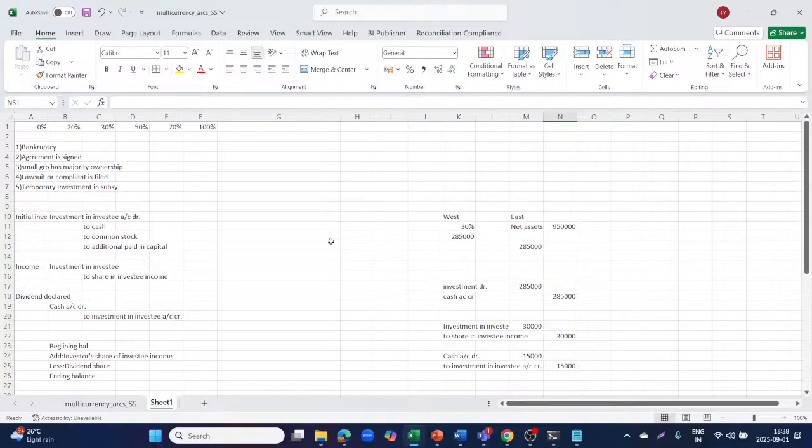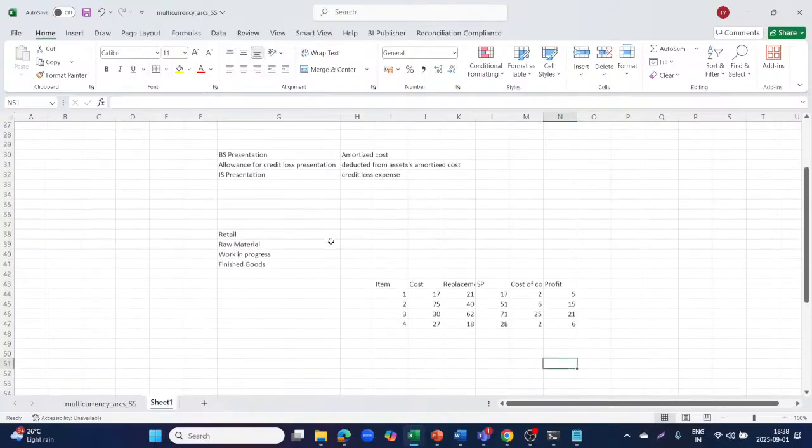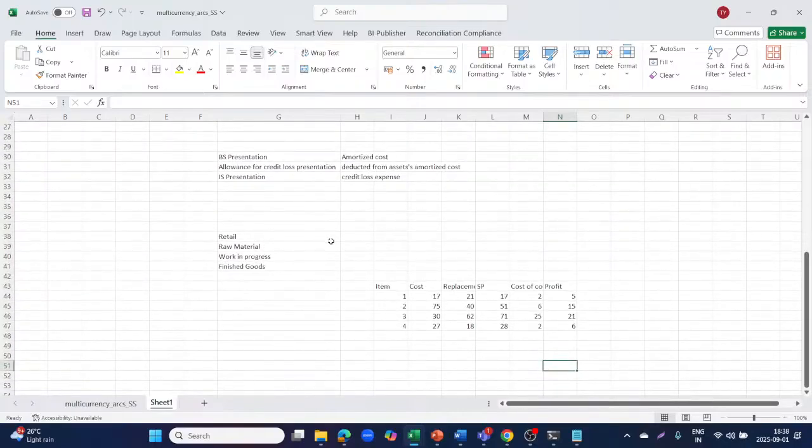Suppose cost is 17, selling price is 17, then cost of completion is 2. So your profit will be selling price minus your cost of completion, that is your NRV. Okay, and then you will do the calculation between cost or MRP, whichever is less, 17 or 15, whichever is less. Again, if the cost is 30, selling price is 71, cost of completion is 25, then NRV will be 46.